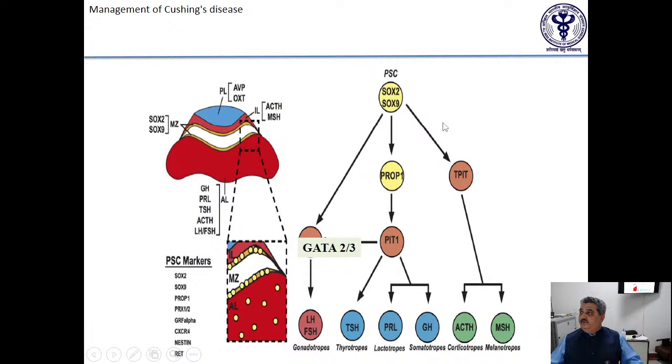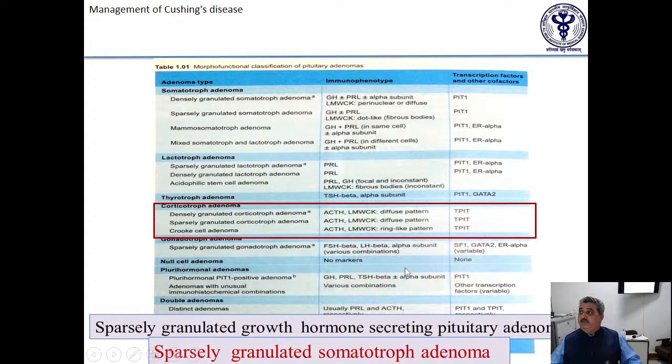For example, for corticotroph it is T-pit, and for gonadotroph it is GATA3 and SF1. And for thyrotroph, lactotroph and somatotroph, it is PIT1. So these transcription factors can be studied by immunohistochemistry.